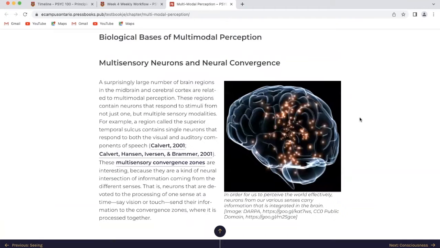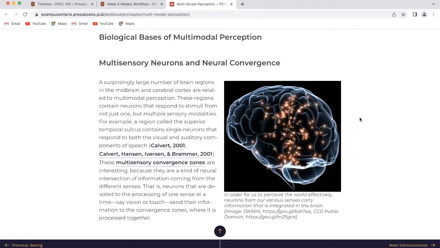A surprisingly large number of brain regions in the midbrain and cerebral cortex are related to multimodal perception. These regions contain neurons that respond to stimuli from not just one, but multiple sensory modalities. For example, a region called the superior temporal sulcus contains single neurons that respond to both the visual and auditory components of speech.